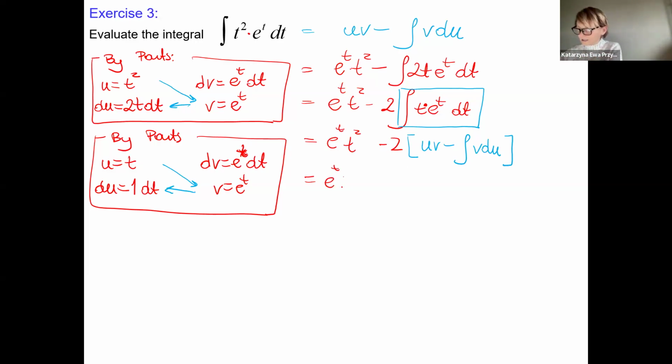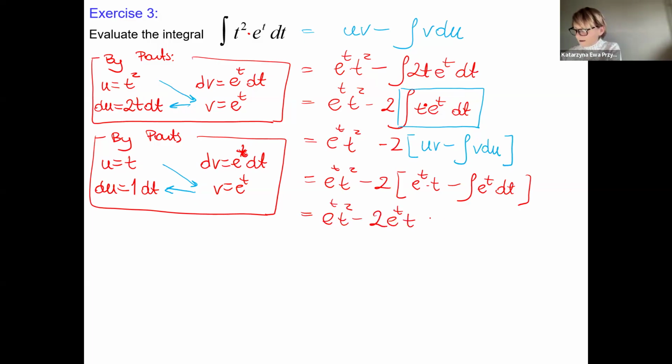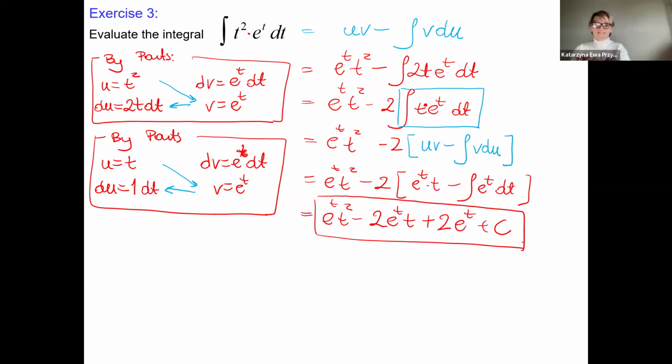Let's try t squared. What do we have? We have e to the t times t minus the integral of just e to the t. So e to the t, t squared, minus 2 e to the t, t, and maybe I can speed up. Negative times negative is positive 2, and the integral of e to the t is e to the t. I hope that's okay.